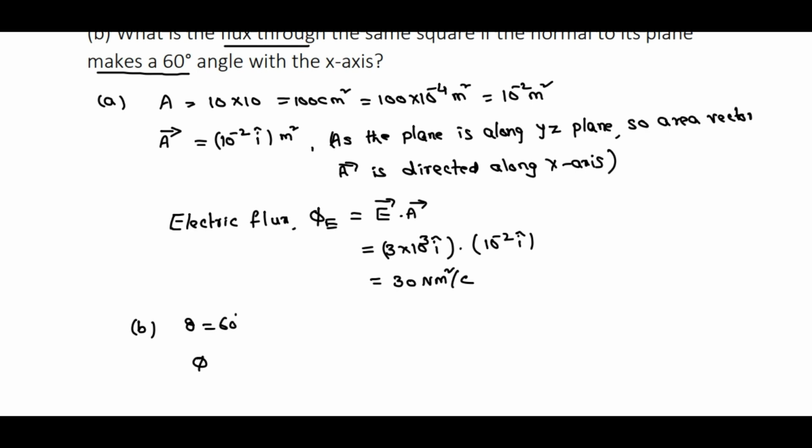If we apply the same formula, electric flux, it is somewhat different value, phi_E dash I am writing, that is E bar dot A bar only, that is E A cos theta, that is equal to E value, just to take the magnitude 3 into 10 power 3, A 10 power minus 2, cos of 60 degrees.